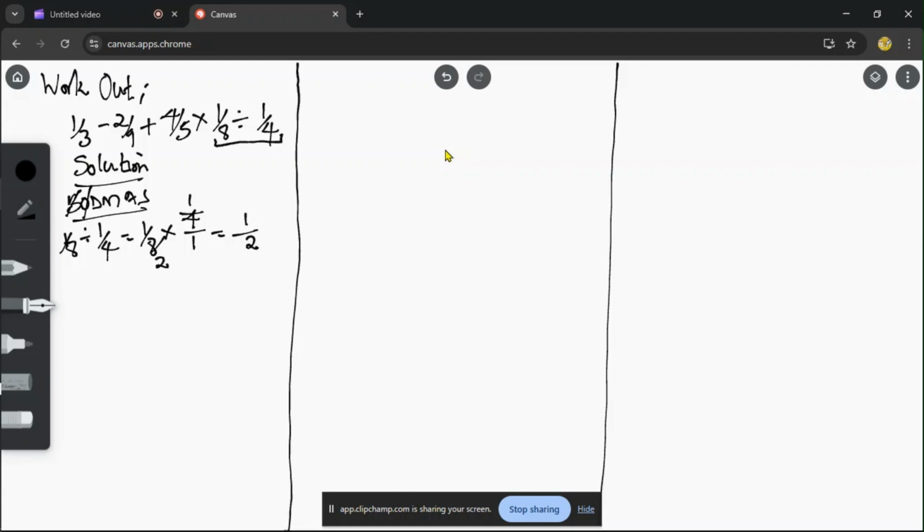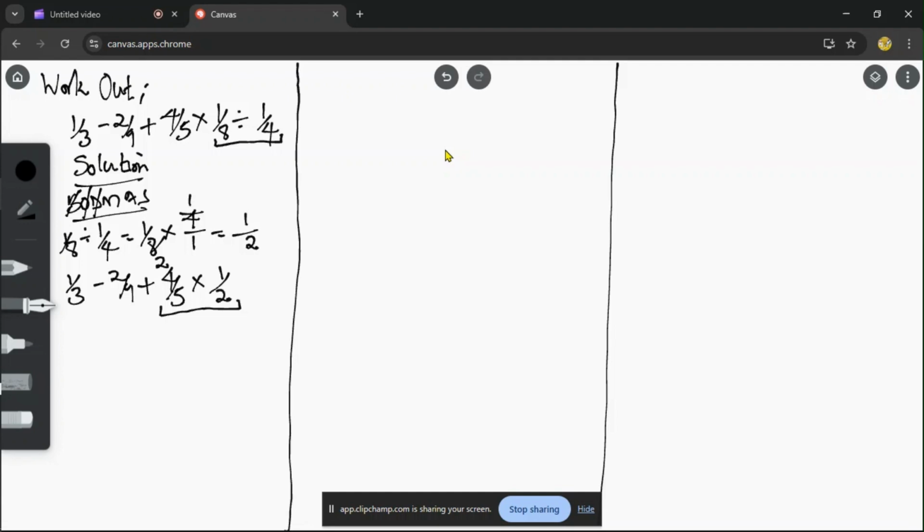Then I rewrite my sum, 1 all over 3, minus 2 all over 9, then I add 4 all over 5. Then I multiply. Instead of writing the whole of these again, the answer was 1 all over 2. So do I have any other division sign in this sum? No, so I cancel that one. Do you have multiplication? Yes, this is multiplication. And I can come and solve here.